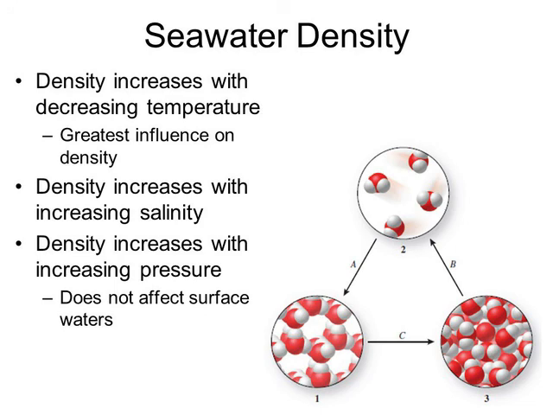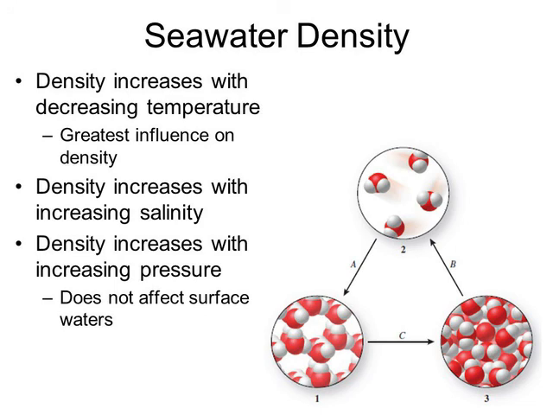You're decreasing the space in between the water molecules. So you tend to increase your density that way. And out of all three of these points, temperature has the greatest influence on water density.